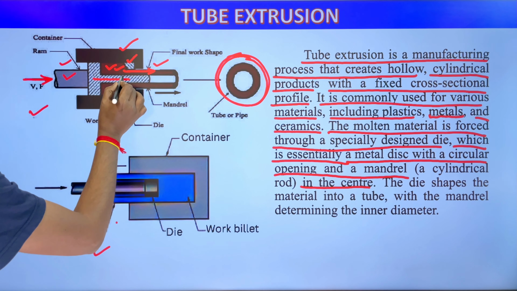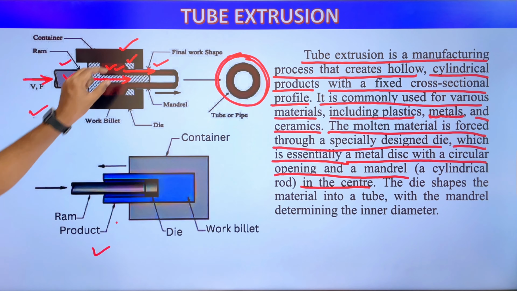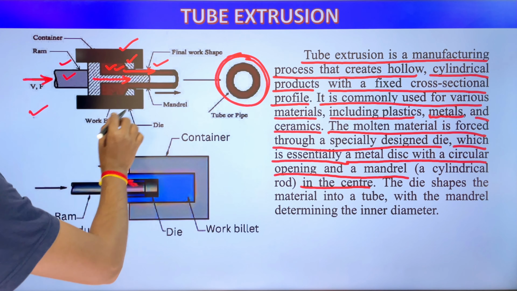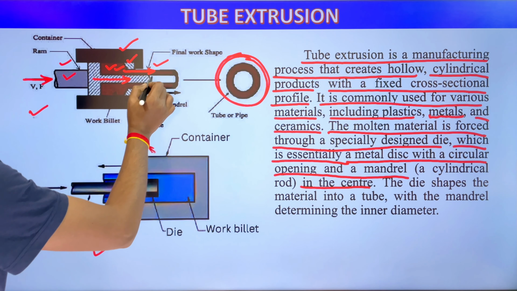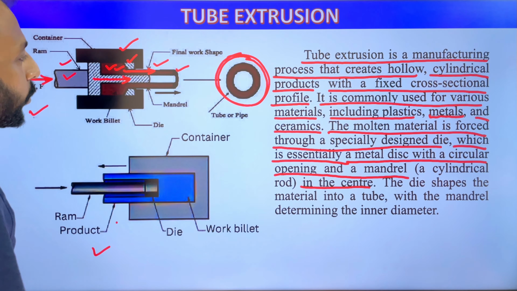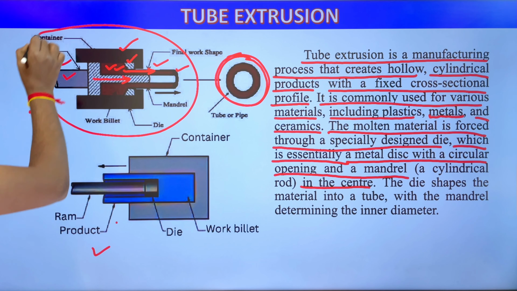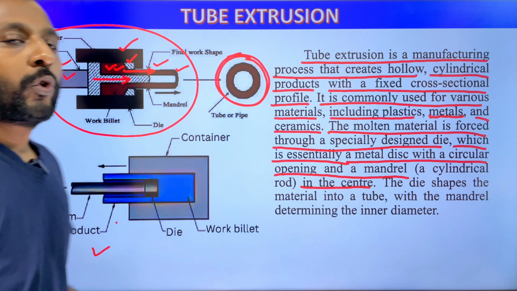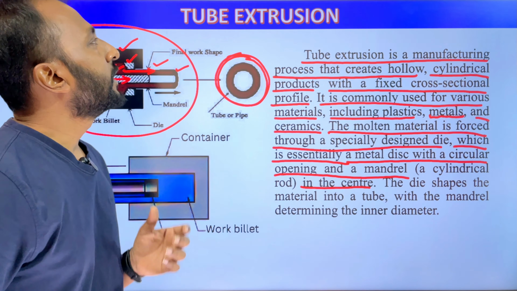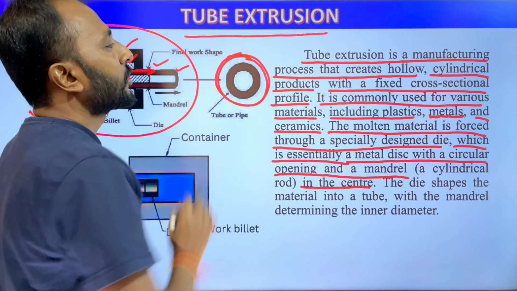The mandrel is also coming out through the middle opening of the die and hollow product is getting produced. So this is forward extrusion process and we are creating hollow type product or pipe fittings or creating tube extrusion.